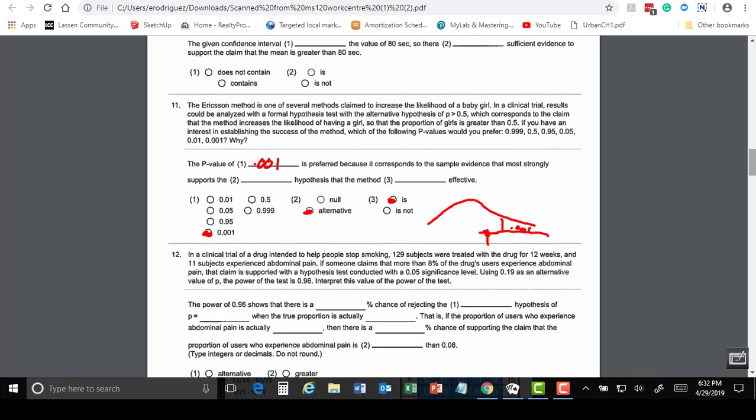Okay, so this is 0.96. And the chance of rejecting would be your 4%, right? Number 12. So we have 96. Okay, so we have the null.